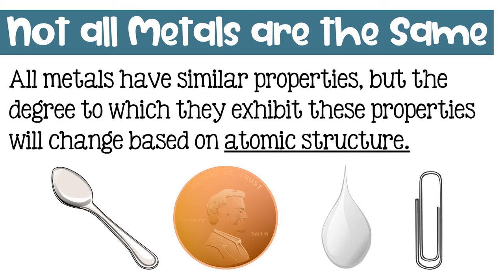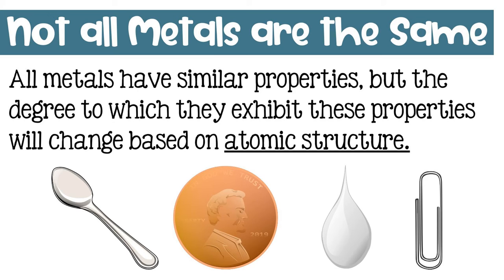Keep in mind, not all metals are the same. While all metals do have similar properties, like the fact that they are shiny, ductile, malleable, the degree to which they exhibit these properties changes based on their atomic structure. These objects, a spoon, a penny, liquid mercury, and a paperclip, all have very different properties.